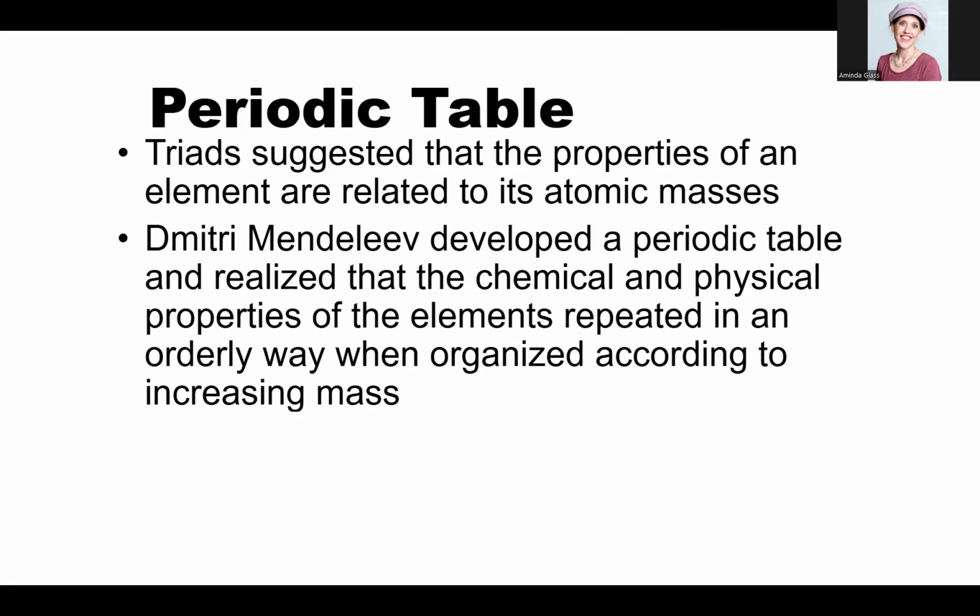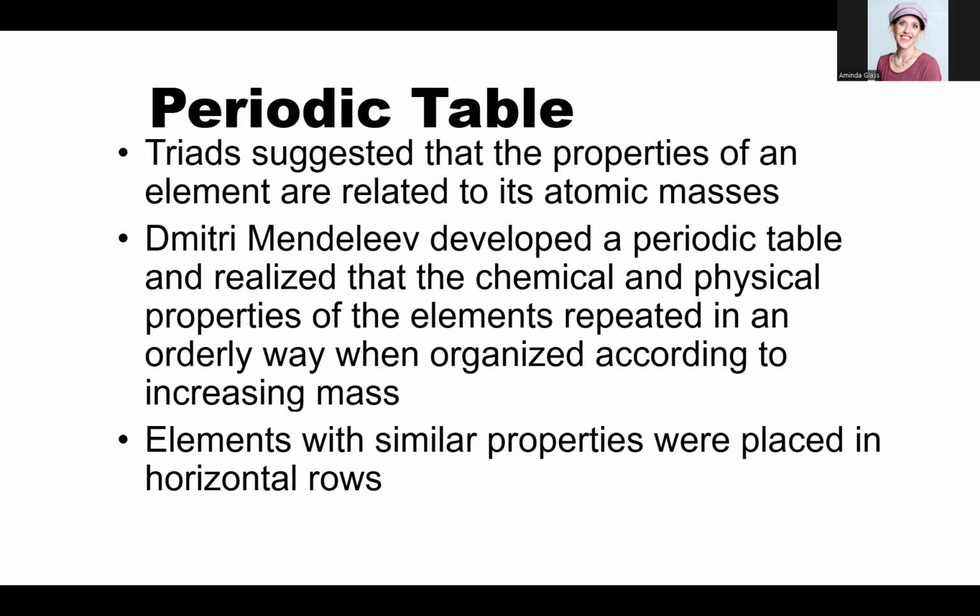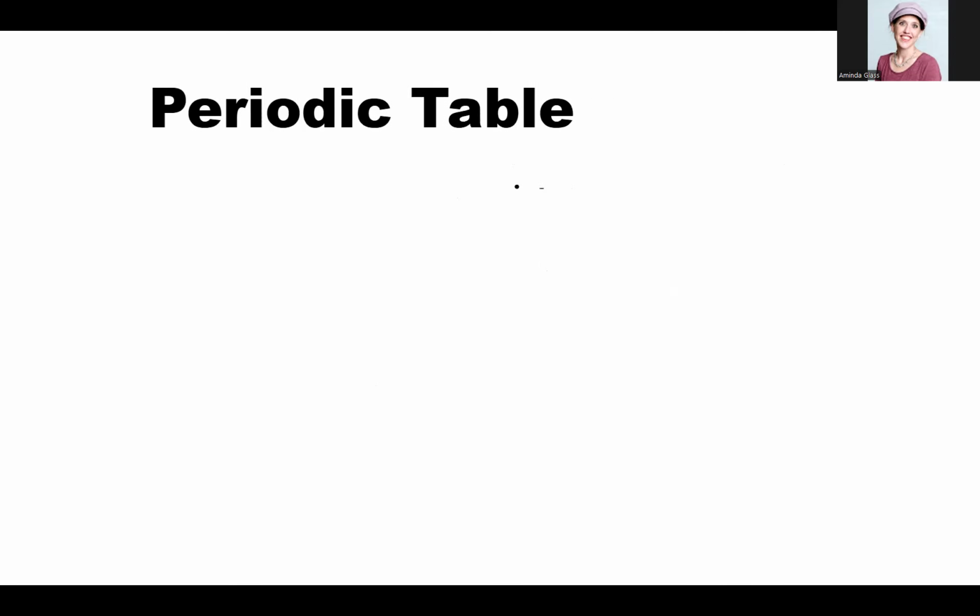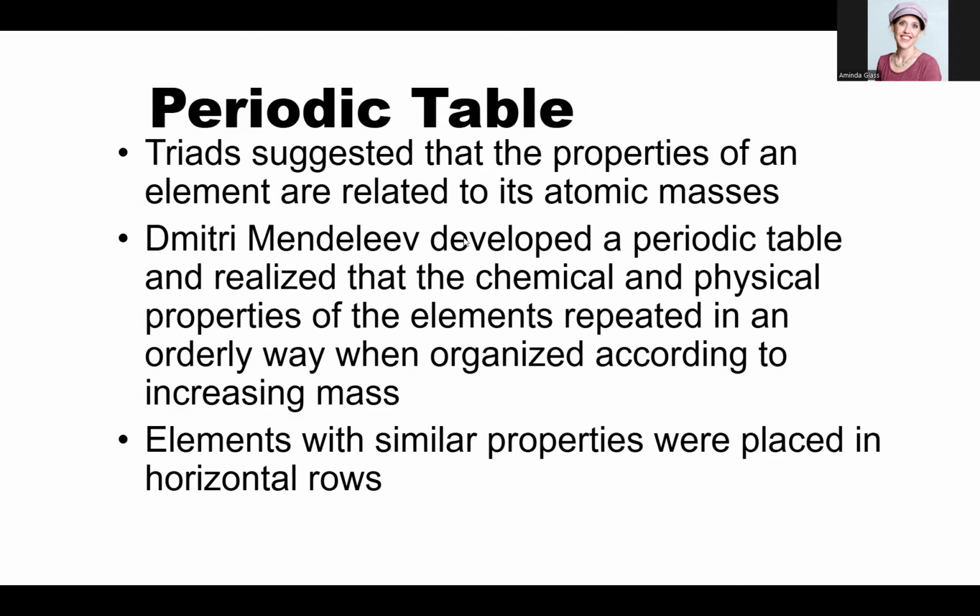And Dmitry Mendeleev, who was a Russian scientist, developed a periodic table, and then he realized that the chemical and physical properties of the elements repeated in an orderly way when organized according to increasing mass. And he organized it so that elements with similar properties were placed in horizontal rows. Let me bring your attention to this.